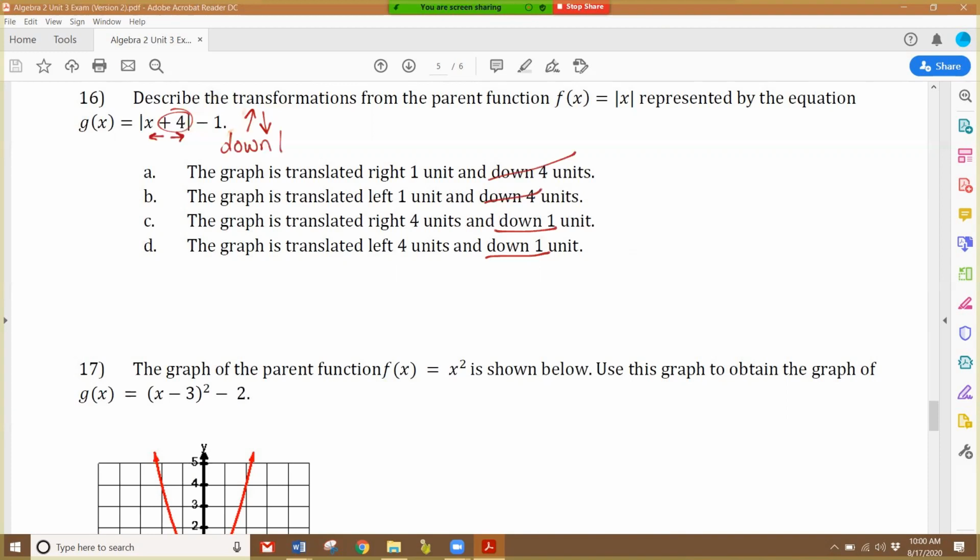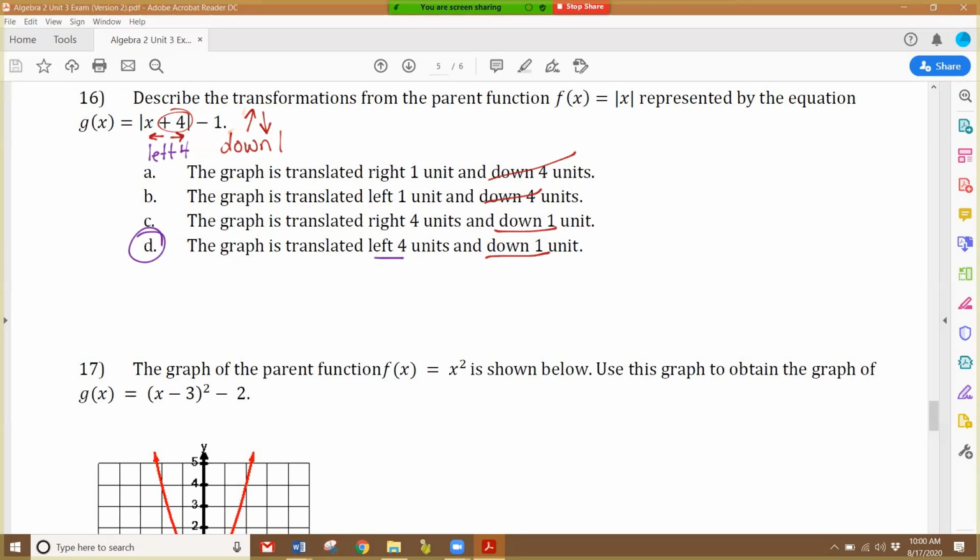So instead of +4, I'm thinking -4. -4, would that move me left or right? Left. So this would move me left 4, which is letter D. So left 4, down 1 is letter D. Yep, that's it.